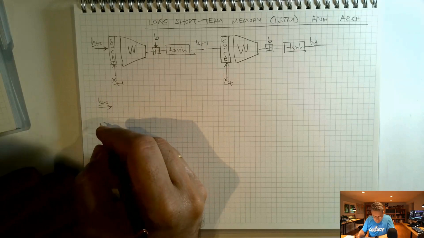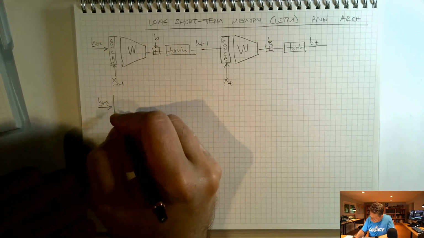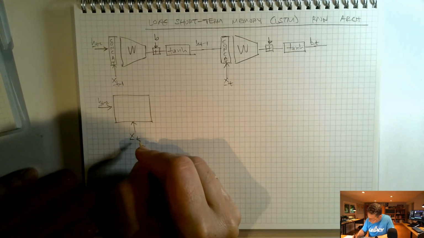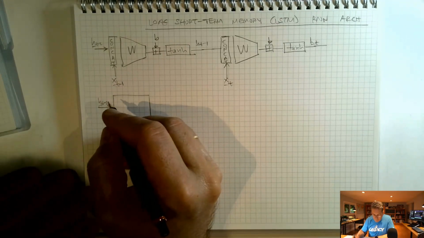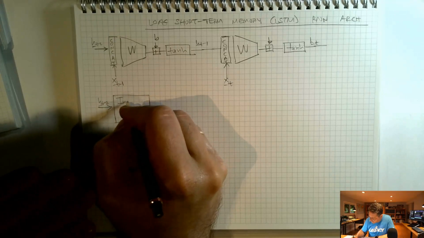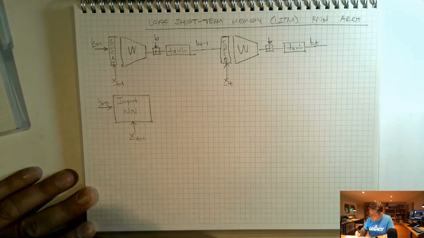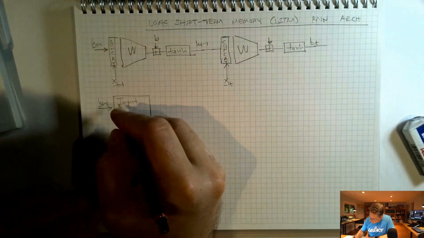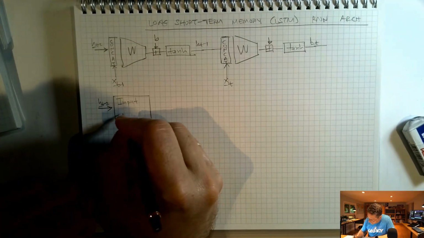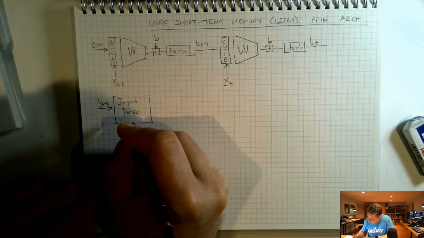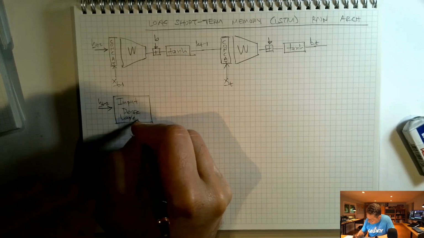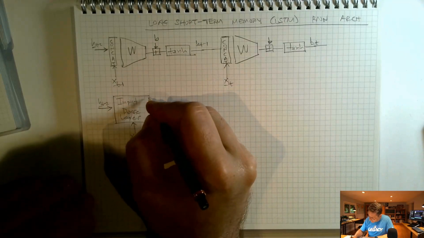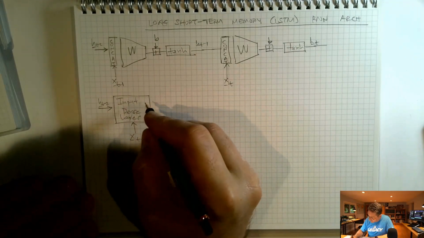I'm going to have two inputs in this neural network, h t minus 1 and x t. Instead of calling it an input neural network, I'll just call it the input dense layer. We'll write the functional form of this dense layer a bit later. All right, so this is our input dense layer.